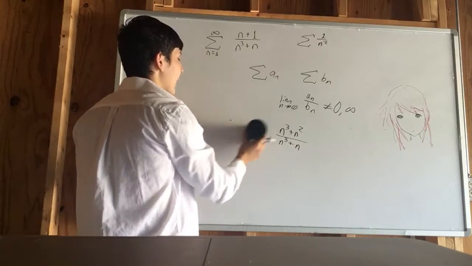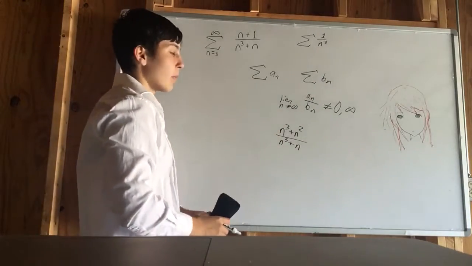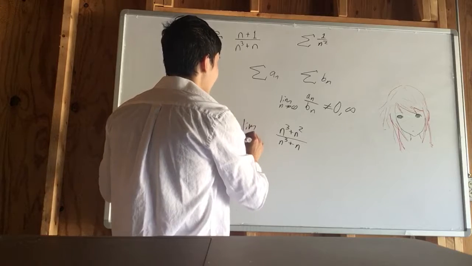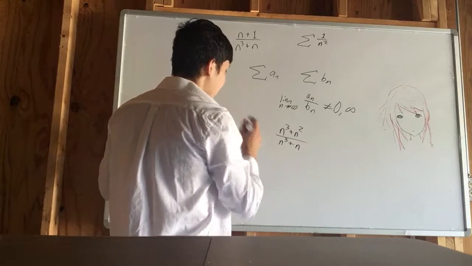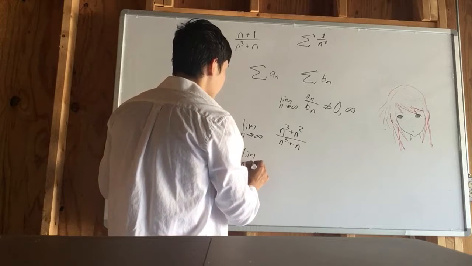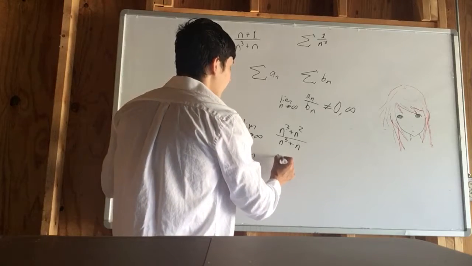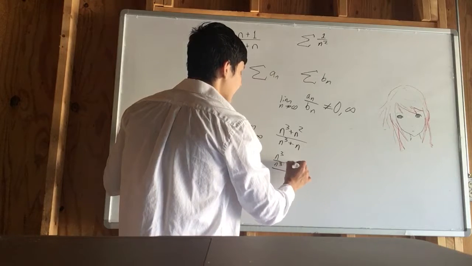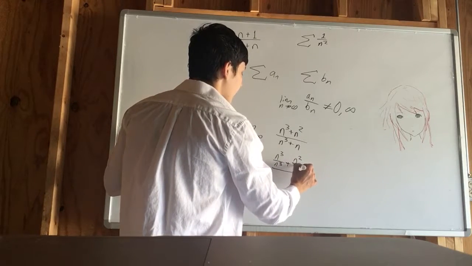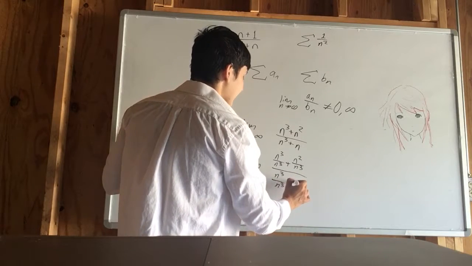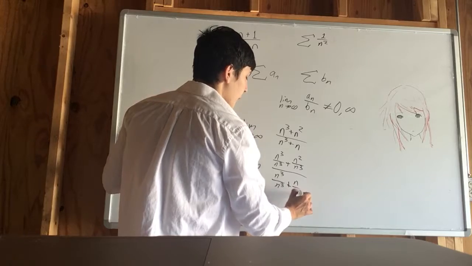We can divide everything by n cubed because it's the largest thing, so that's how we solve it when we're taking the limit as n approaches infinity. Limit as n approaches infinity of n cubed over n cubed plus n squared over n cubed, over n cubed over n cubed plus n over n cubed.